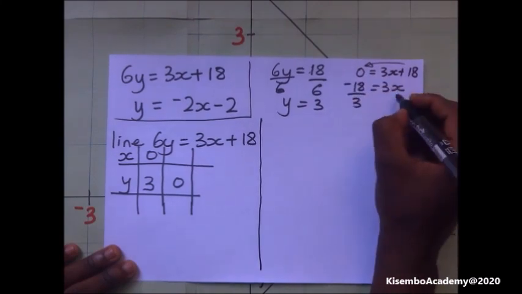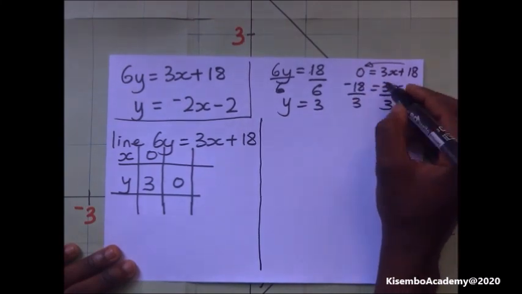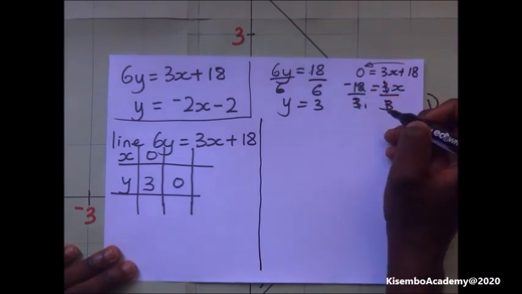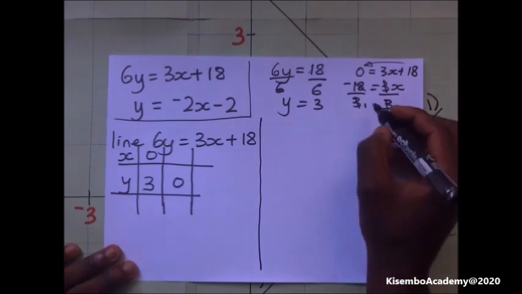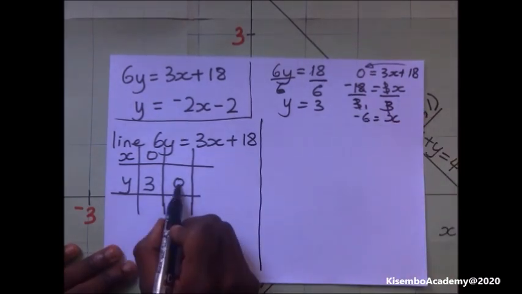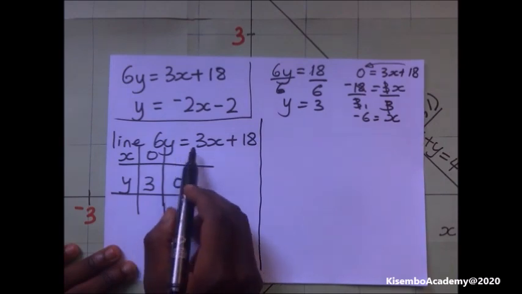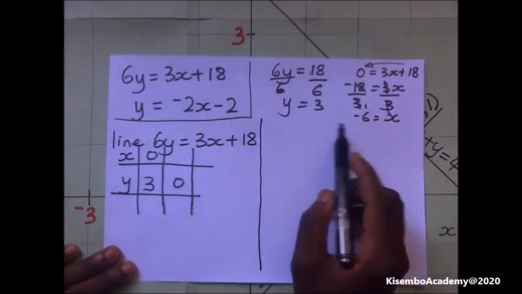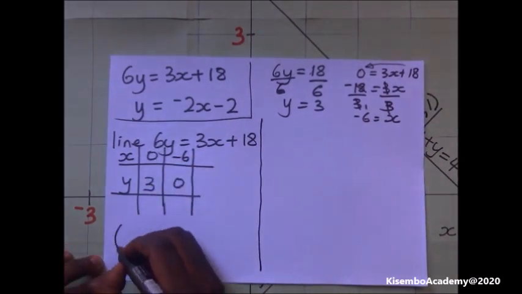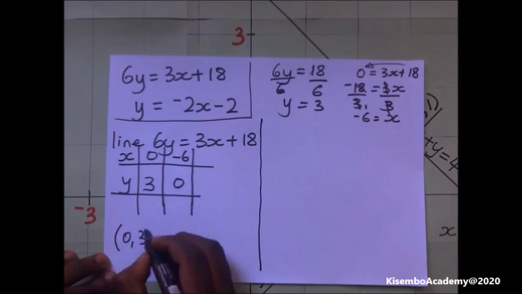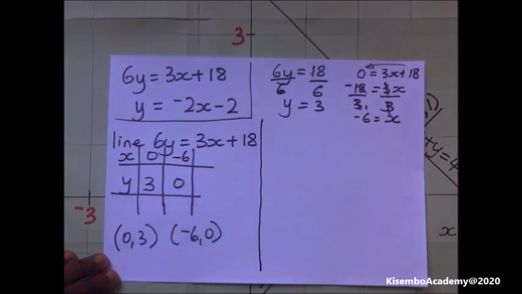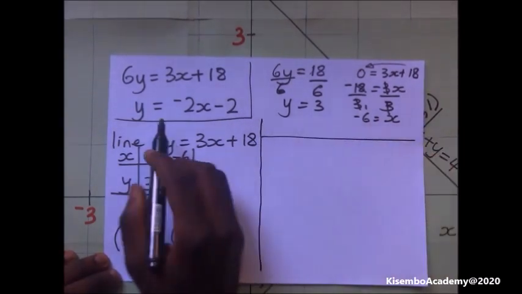When you divide both sides by 3, 18 divided by 3 is 6, so this becomes negative 6 is equal to x. So when y is 0, x in this equation is negative 6. Our coordinates here are (0, 3) and (-6, 0). So that is this line.